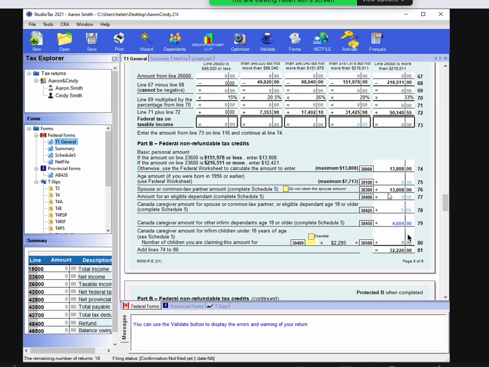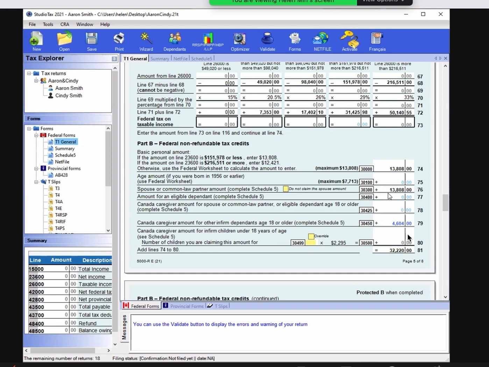Spousal is when you have a conjugal relationship with somebody and you are legally married.